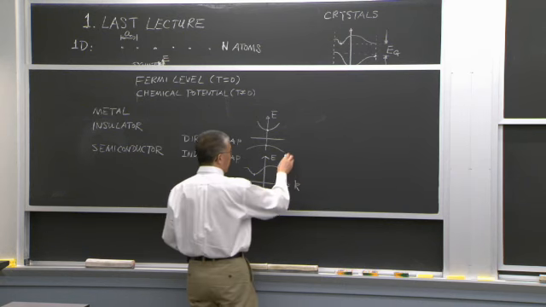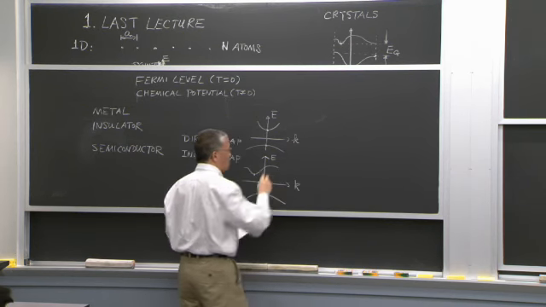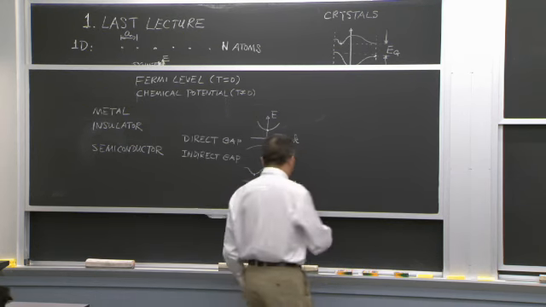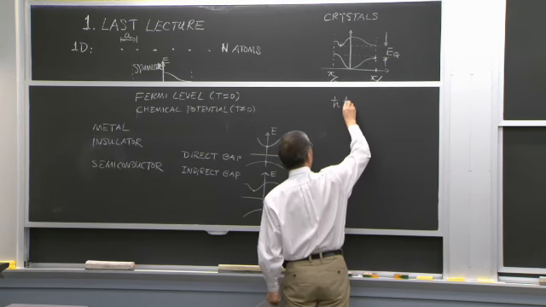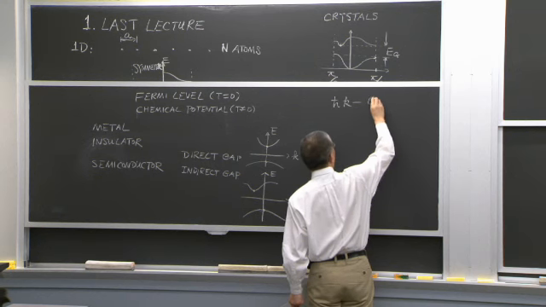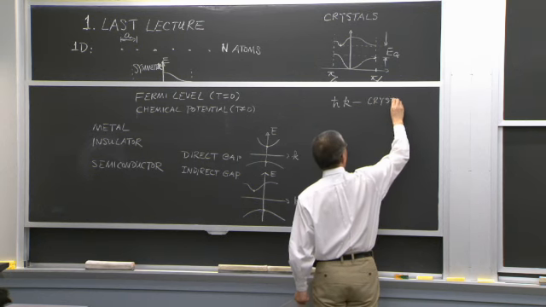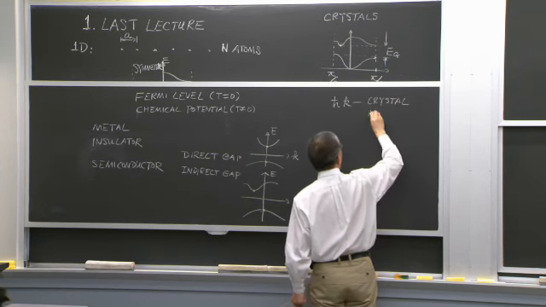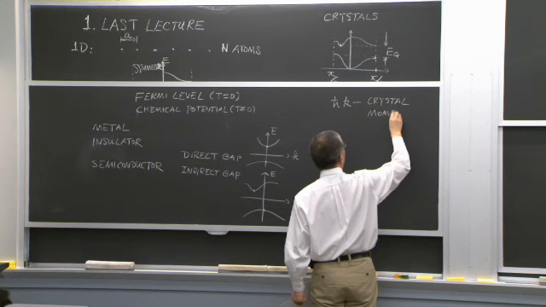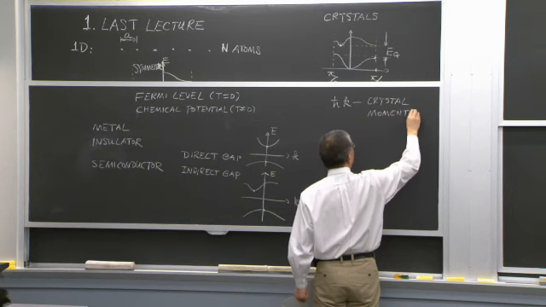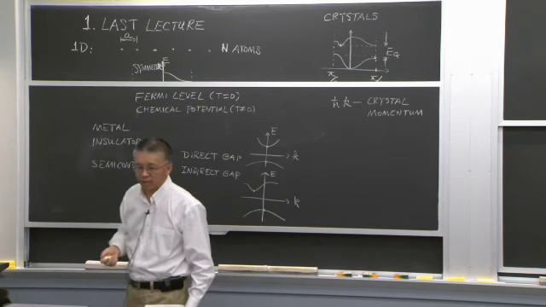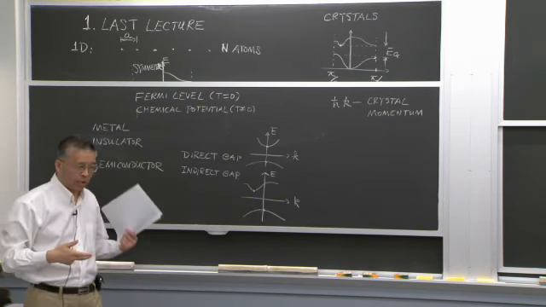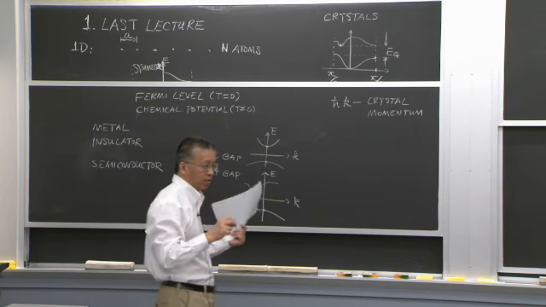So here, K is the momentum. So h bar K is what we call crystal momentum. It has some difference from the real momentum of the electrons, but say we're not getting into that subtle difference.